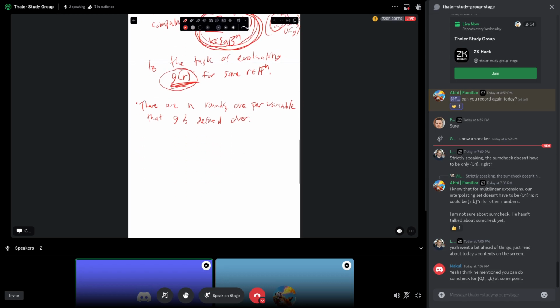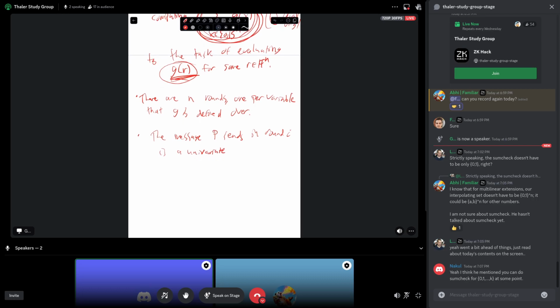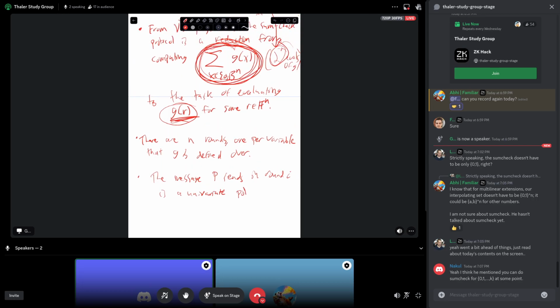The message that the prover sends in each round is a univariate polynomial. It's kind of a funny protocol. In each round, the prover sends a univariate polynomial. You're summing the evaluations of an n-variate polynomial, but each message just focuses on one of those n variables.